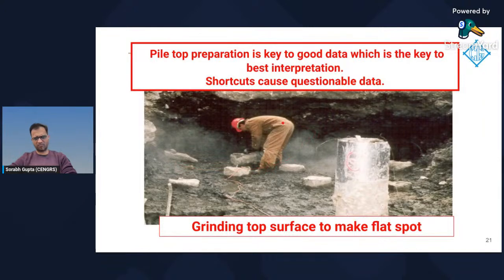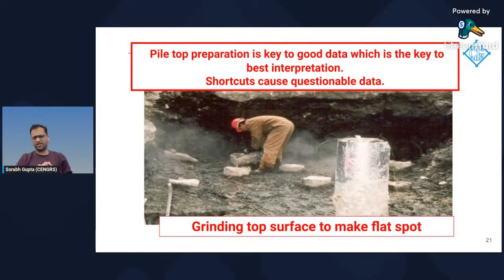Now, possibly the most important step in PIT testing is pile top preparation. I cannot overemphasize this. If you don't have good pile top preparation, and when you attach the accelerometer or impact the hammer, you don't have a smooth, flat surface on the top, chances are your PIT results will be useless.